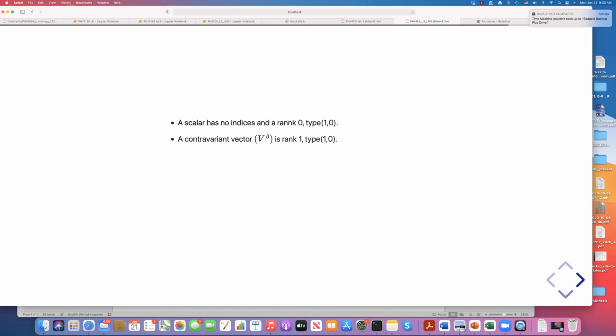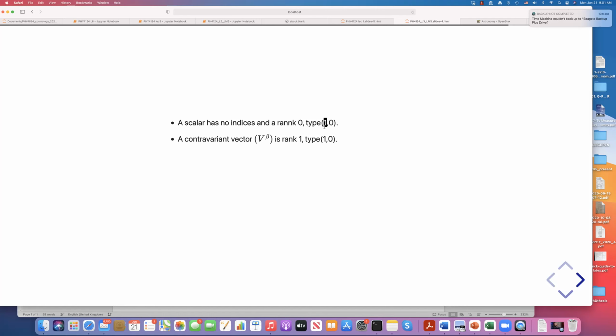So I will make these corrections before uploading the newer version. A scalar has no indices, right? As I told you, it has no indices. It should be a rank 0 tensor, and at the same time, its type should be 0, 0, right? Here, not 1, 0. This is wrong. It should be 0, 0.